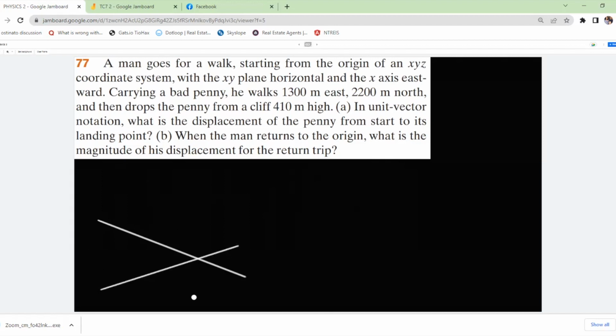So, anong sequence of displacements yan? Actually, hindi mo kailangan yung figure dyan. Pwede mong diretso agad ano yung displacement. Kailangan po pala yung figure.